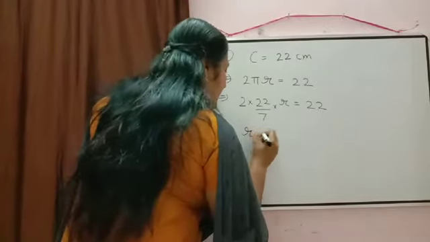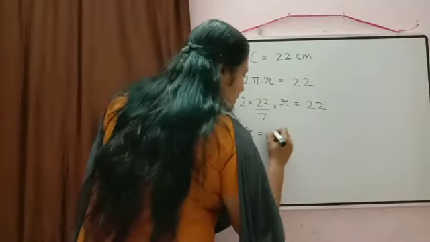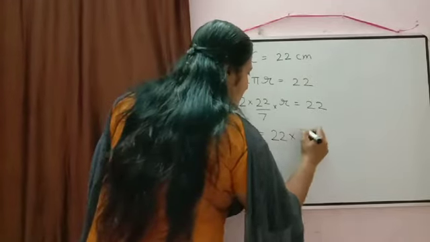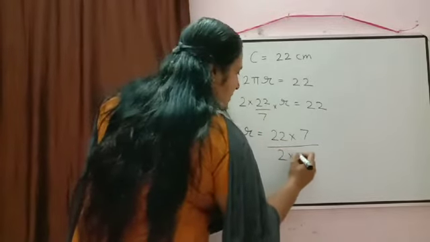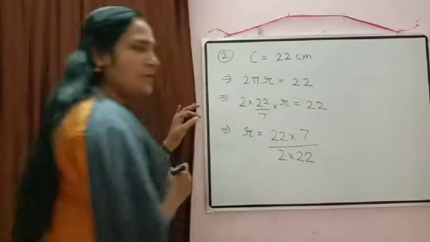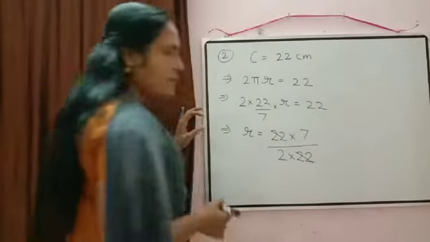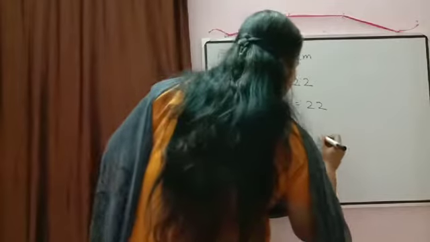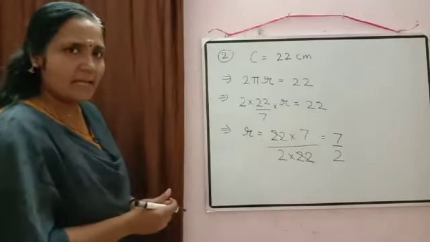So directly we will write, we will not shift one by one, we will shift all the numbers together. So it will be equal to 22 into 7 by 2 into 22. Now just to check, we can cancel these two. 22 and 22 will get cancelled and we are getting radius is equal to 7 by 2 centimeter.